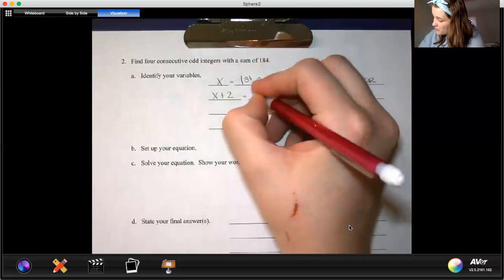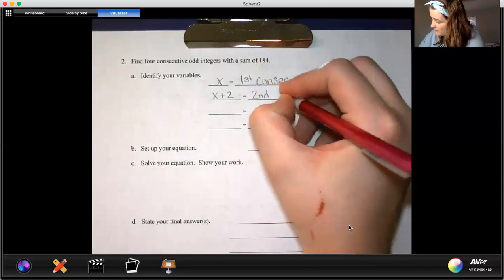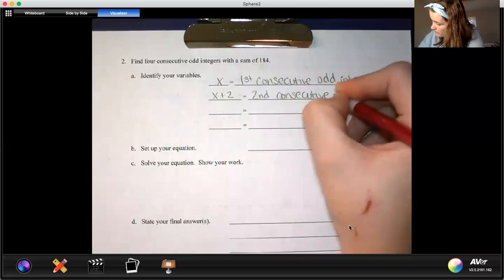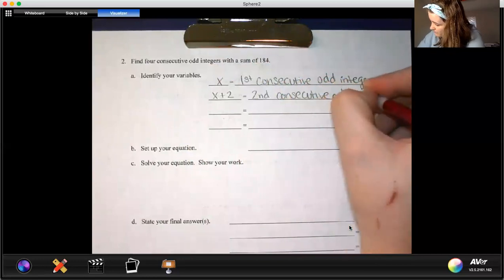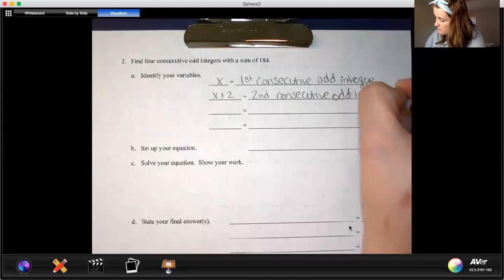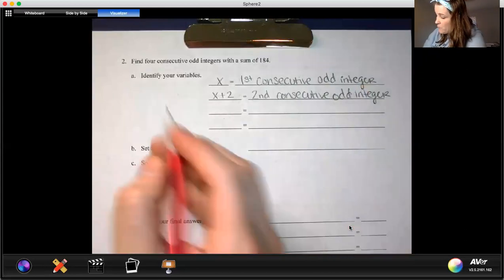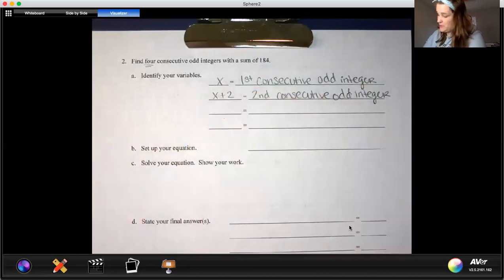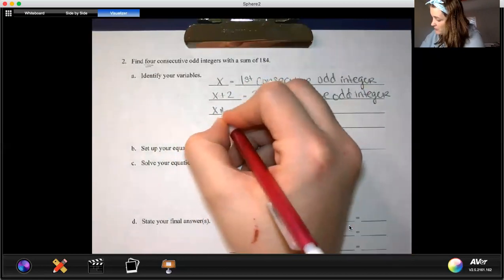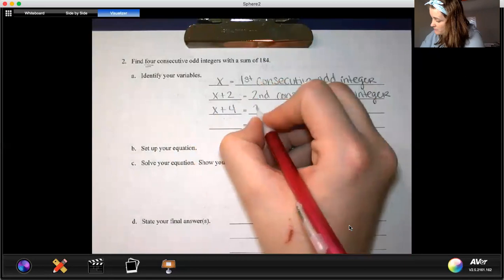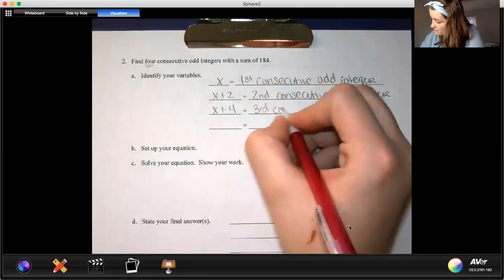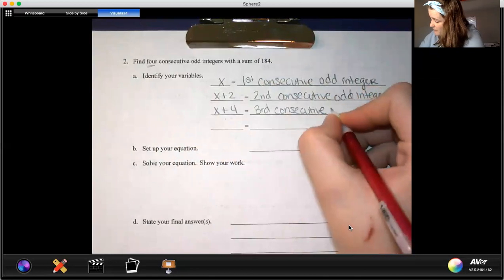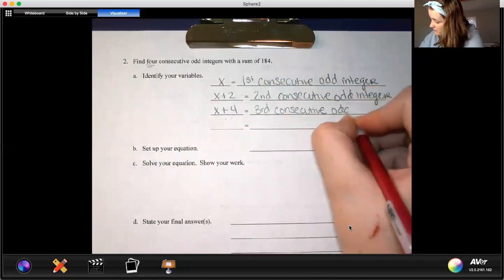So X plus 2 would represent my second consecutive odd integer. And I need 4 consecutive odd integers. So the next one after that would be 2 more. So that'd be X plus 4, my third consecutive odd integer.